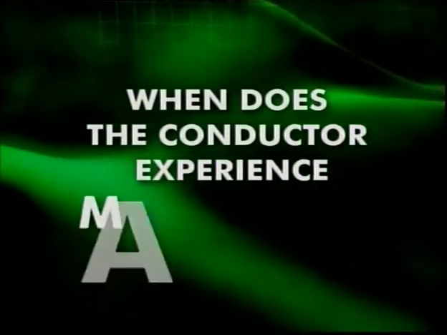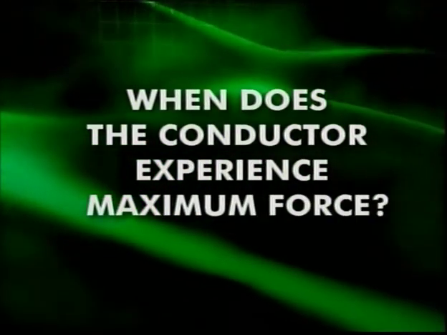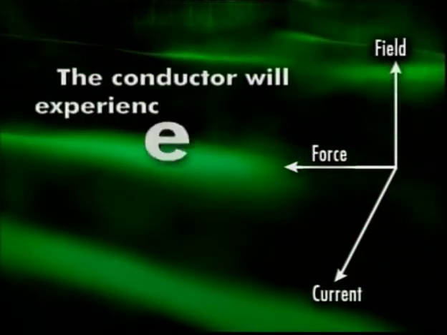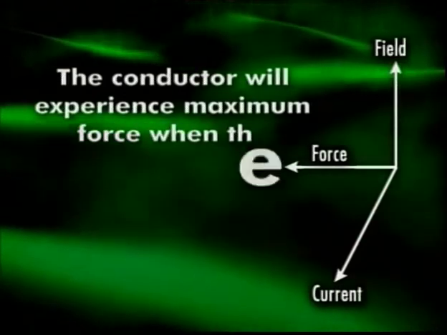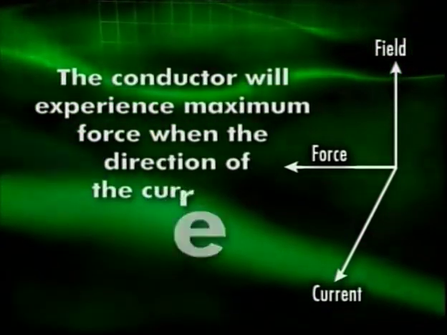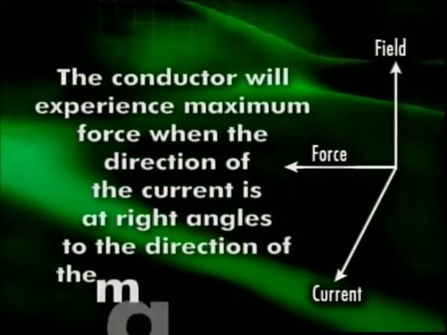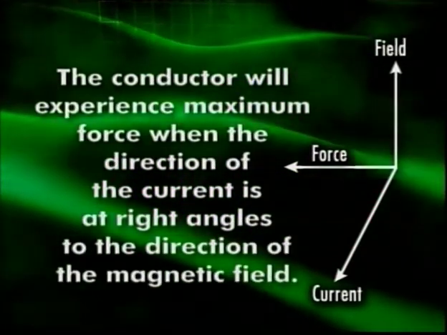Now the question may be arising in your mind: when does the conductor experience maximum force? The conductor will experience maximum force when the direction of the current is at right angles to the direction of the magnetic field. This is Fleming's left hand rule.